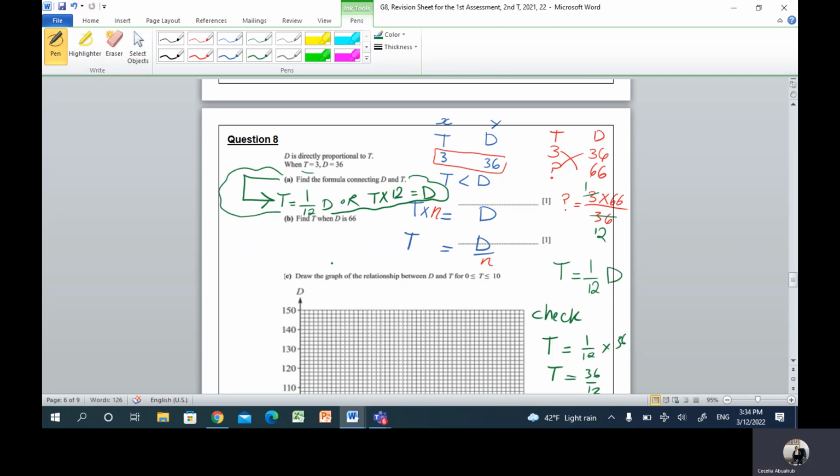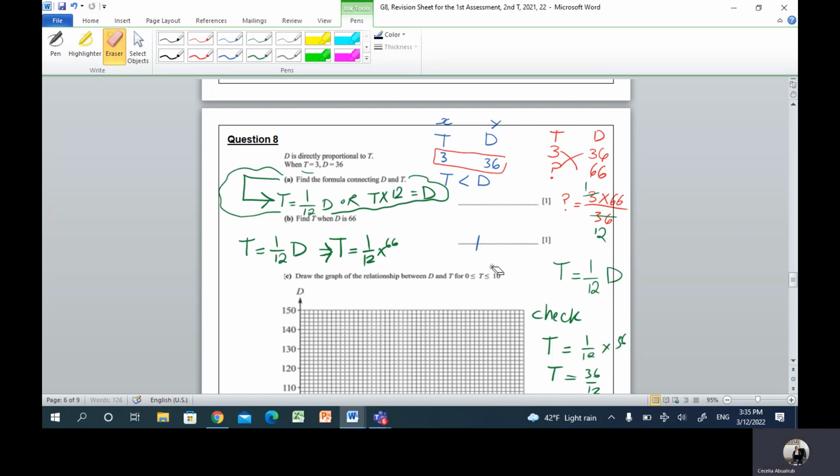To find T when D is equal to 66, you're going to write T is equal to 1 over 12 D. Substitute the value of D, so T is equal to 1 over 12 times 66. So this is the explanation.